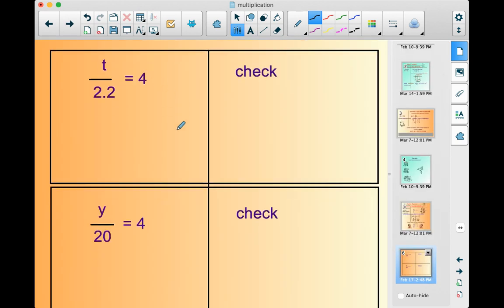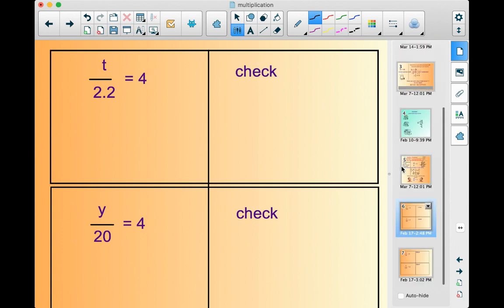All right, let's try a couple more. So t divided by 2.2 equals 4. Again, I do my train tracks. T is being divided by 2.2, so I'm going to multiply by 2.2.